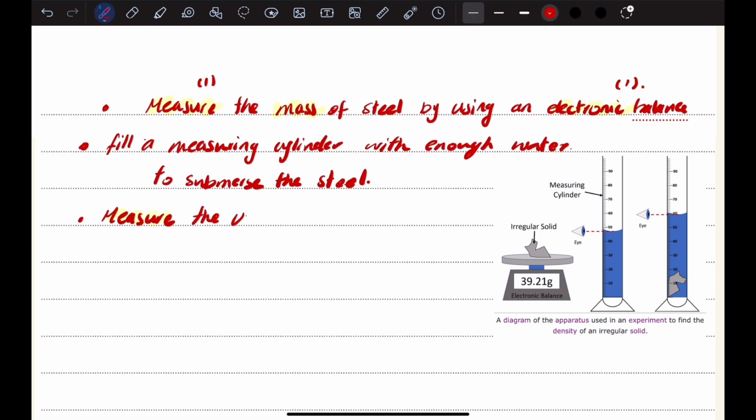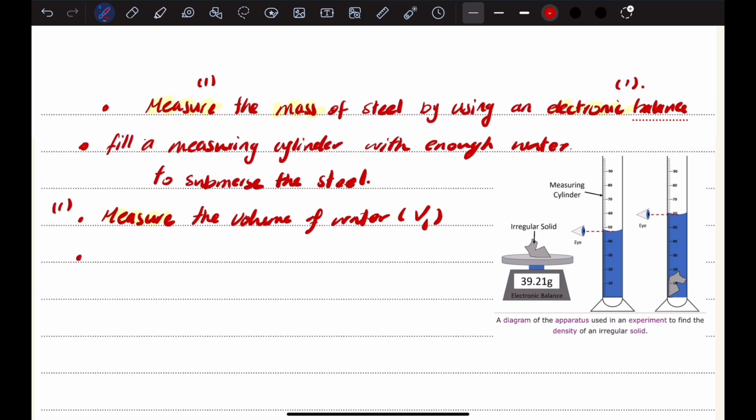Measure the volume of water, and let me say this is V1, in the measuring cylinder. Okay, that's point 3. So shall I get 1 mark for this one? Yes, I will get 1 mark for measuring the volume of water.